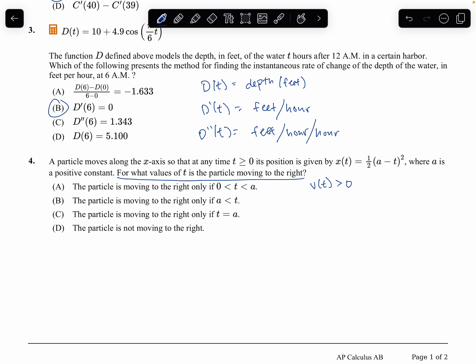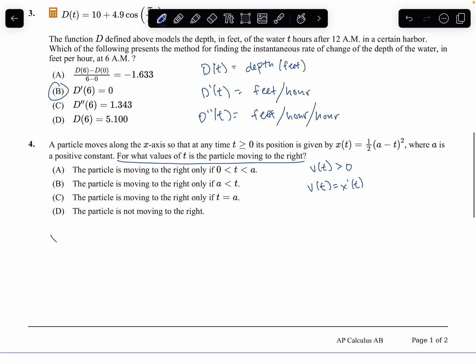We want to find when v of t is equal to 0, and v of t is equal to x prime of t, the first derivative of position. So let's go ahead and find x prime of t. If I bring this down right here, we're taking the derivative with respect to t, right? A is a constant.